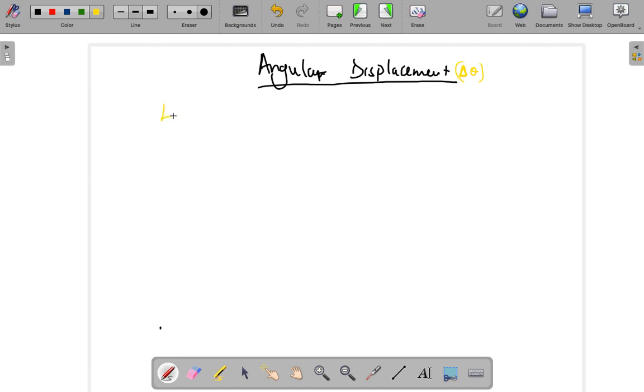So under circular motion, angular displacement is given by this relationship: distance traveled around the circle, sorry about my handwriting, divided by the radius of the circle. So this is the relationship that we shall use to find angular displacement.